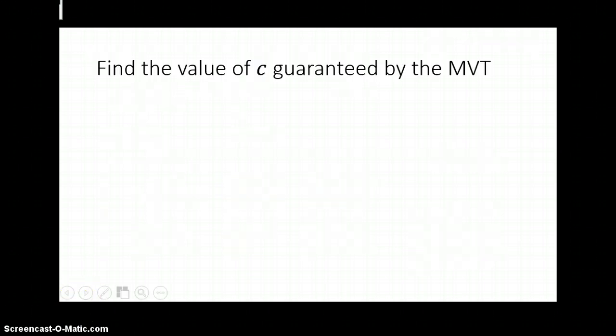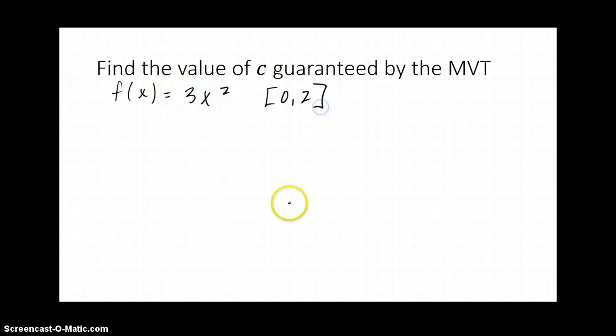Alright, so looking at a problem: find the value of c guaranteed by the mean value theorem. So here's my function on the interval from 0 to 2. Alright, so using the mean value theorem, this is what the theorem says. So find the value of c.